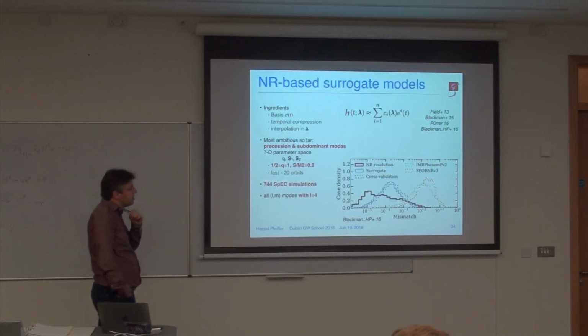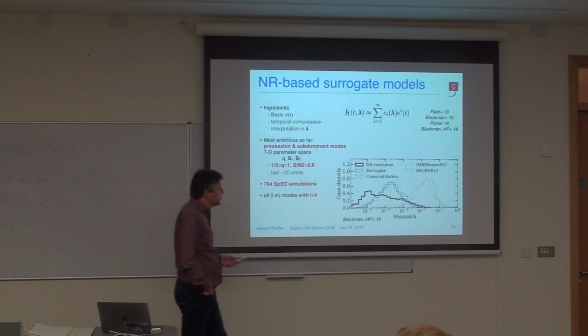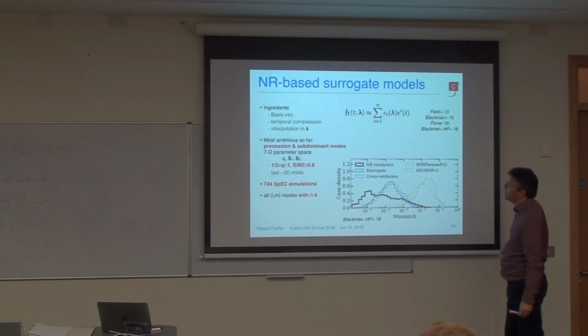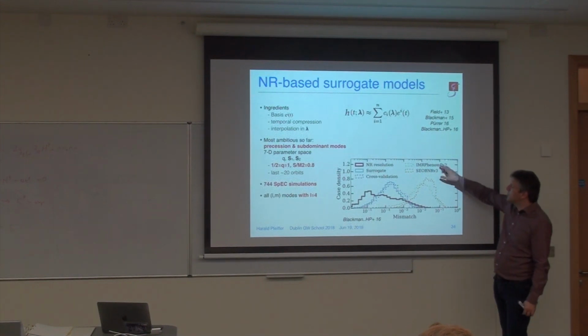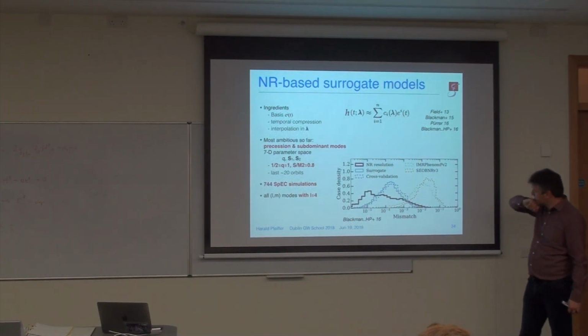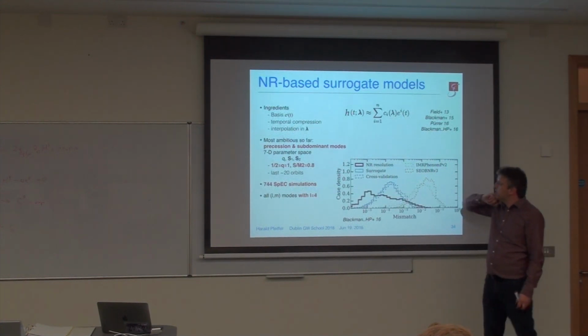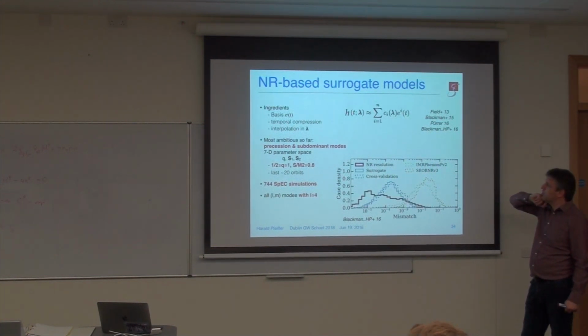And most of this disagreement came about because these two waveform models don't yet have higher order modes. Whereas the surrogate model not only included precession with all 3 degrees of freedom of spin, it also includes higher order modes up to level 4.